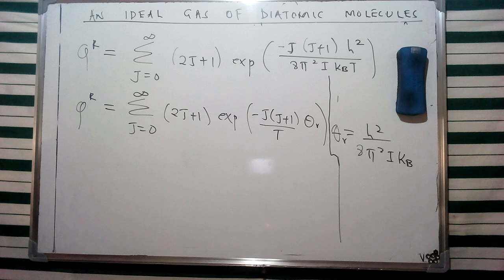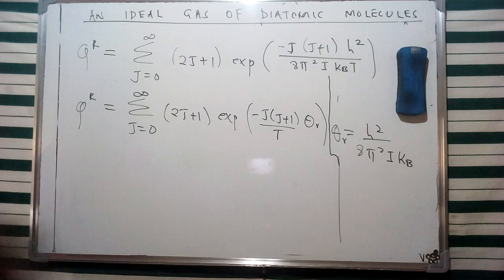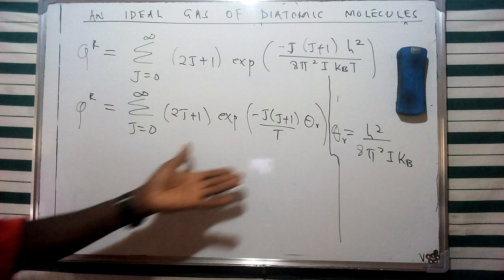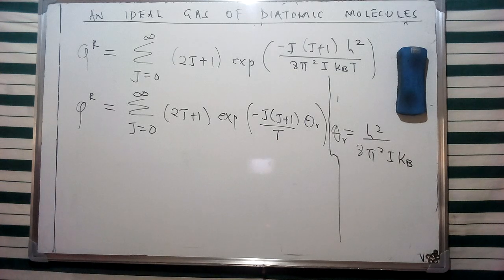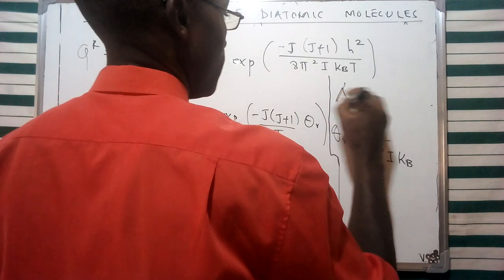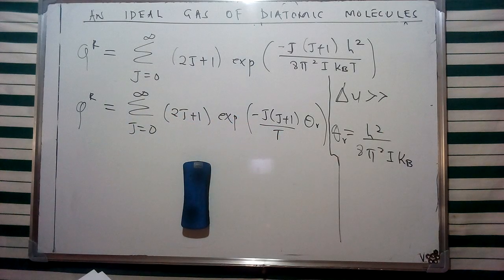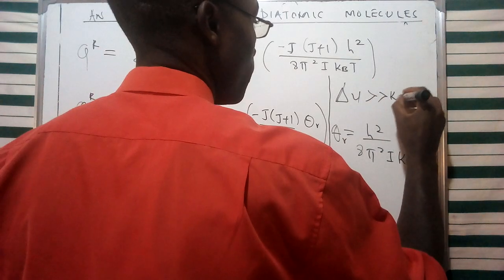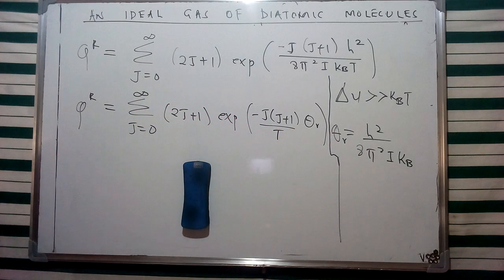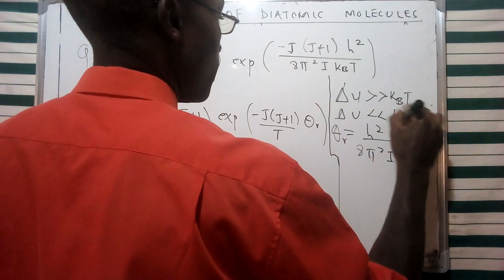Now there are two conditions: if the energy which is going to be obtained is much smaller than the value of k_B T, that implies a classical behavior, and if the energy is much greater than the value of k_B T, then that implies a quantum behavior. In this case, the energy I'm mentioning has these two specific conditions: if this is much greater than k_B T, then this implies a quantized behavior, and the reverse of this is going to imply a classical behavior.